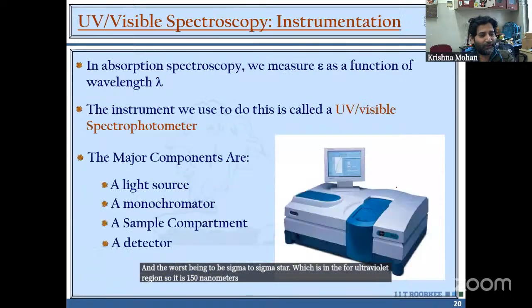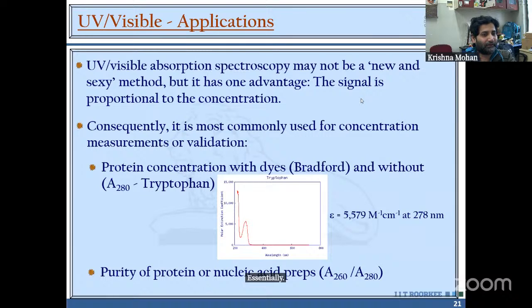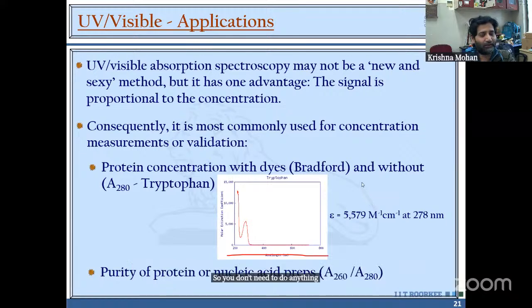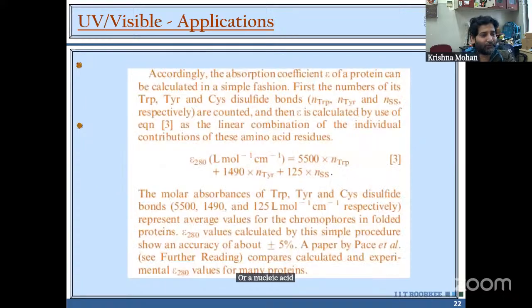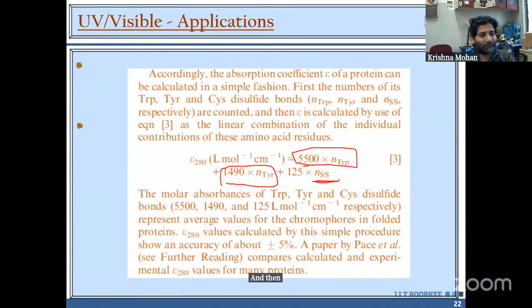UV visible spectroscopy, or absorption spectroscopy, is commonly used to measure the concentrations of proteins or nucleic acids. If you have a protein, you simply count how many tryptophans, how many tyrosines, and how many disulfide bonds are present in the protein.